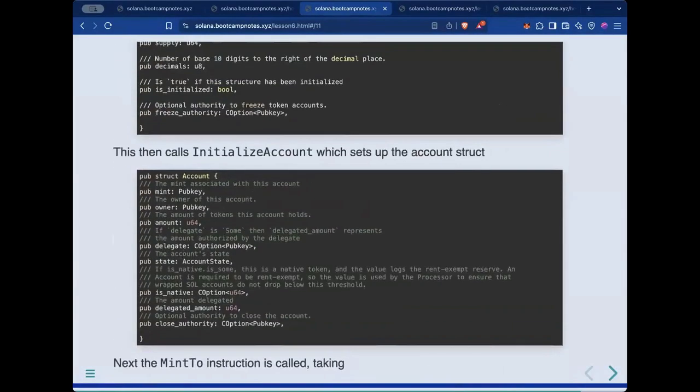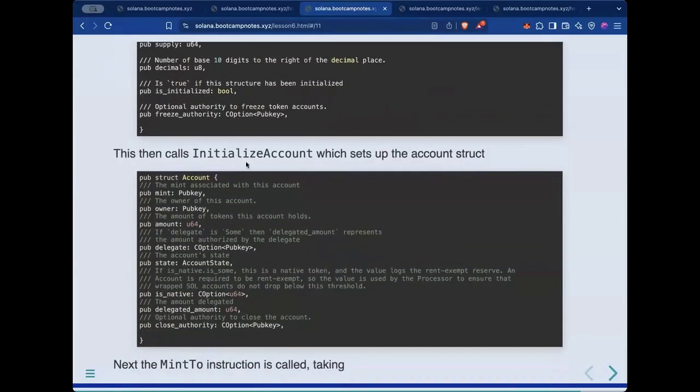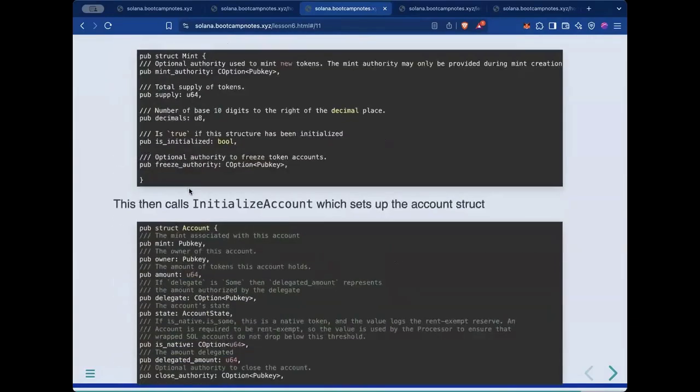There are details here then of the process we go through when we are creating it. We call a number of functions. So we've got initialize mint, and initialize account. With initialize account, this is where we have the token account, the user account that is specific for a particular holder of these tokens.